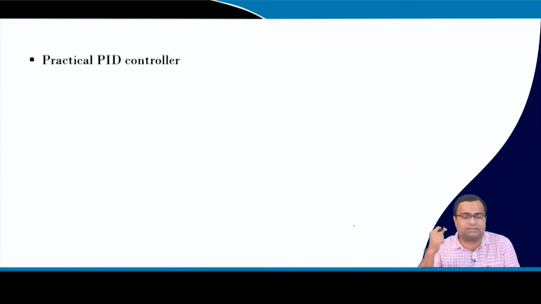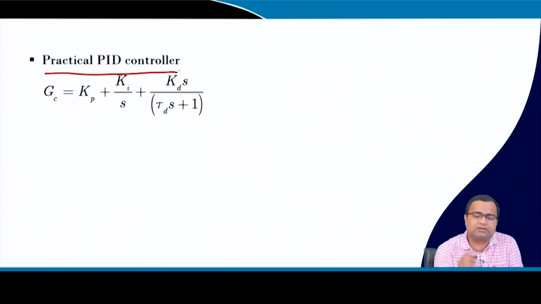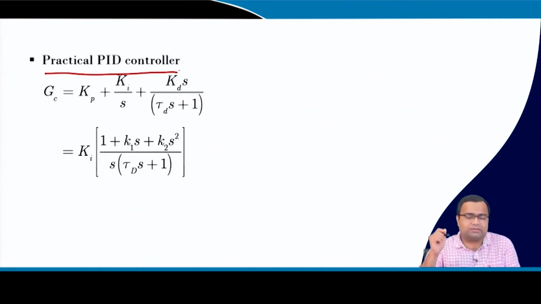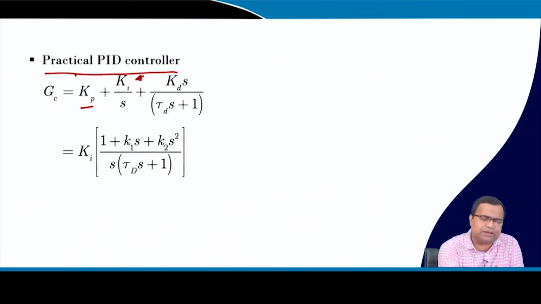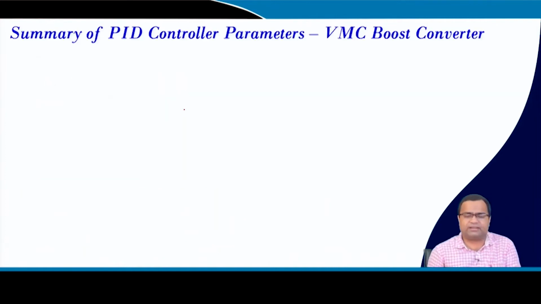And we also discussed in that lecture that we can use a practical PID controller, where the structure of the practical PID controller is Kp, the proportional term, this is my P control, this is my I control, and this is my band limited derivative control, where we have a derivative filter.